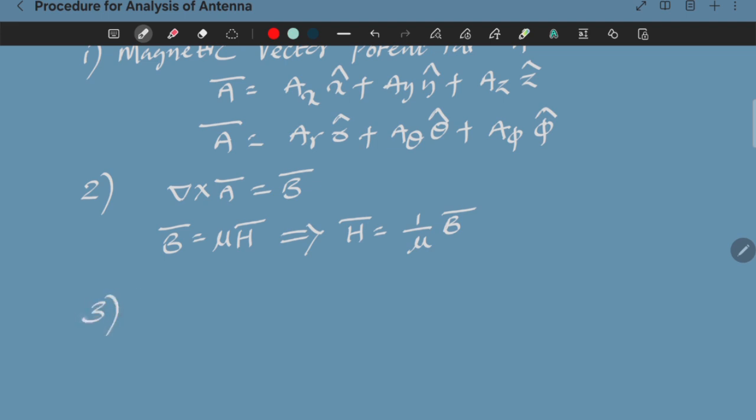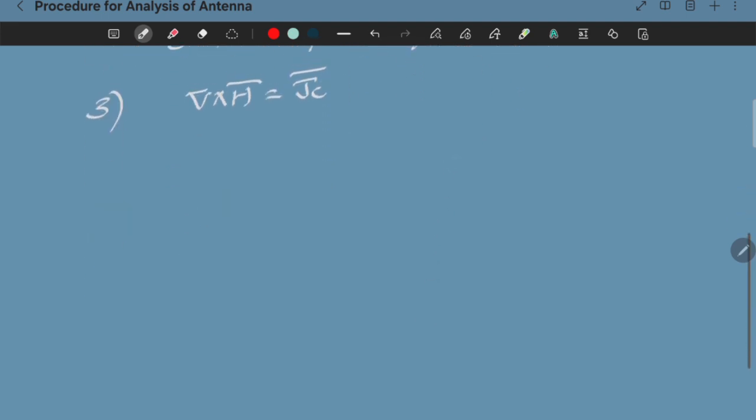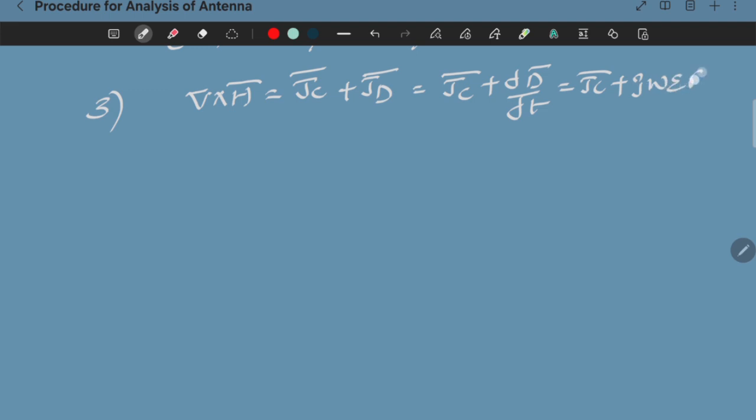Once you get the magnetic field intensity, according to the Maxwell equation, del cross H is equal to Jc plus Jd. That is equal to Jc plus d bar by dt, that is equal to Jc plus j omega D bar, and D bar can be written as epsilon E bar.